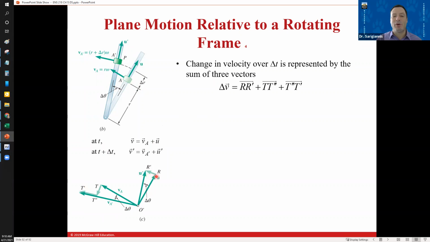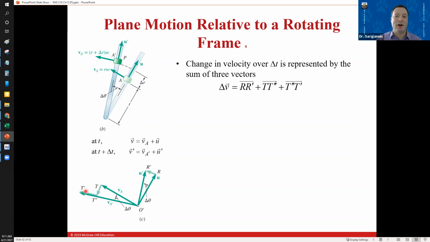We can look at R to R prime, this difference between U and U prime, right? And then T to T prime, and T to T double prime is one vector, and then T double prime to T prime is another vector.